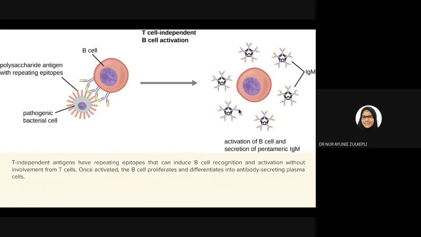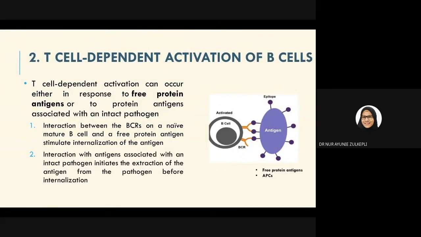It will initiate proliferation and differentiation into plasma cells to produce and secrete the pentameric IgM antibody. This is a much simpler illustration, without the involvement of the T helper cells.